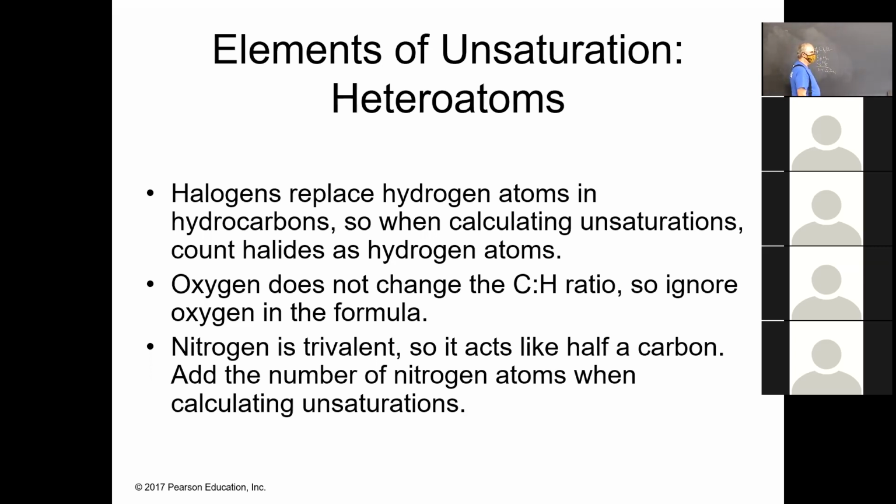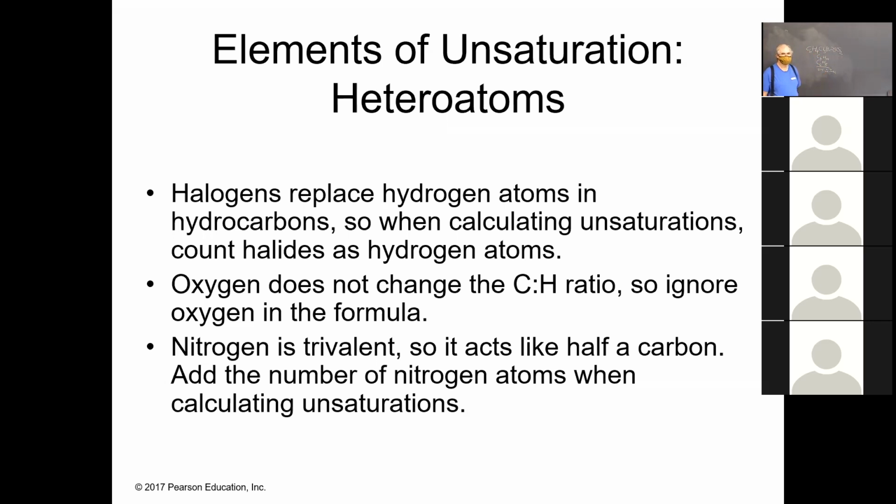The next bullet point, oxygen does not change the CH ratio. So if I had oxygen and I had sulfur, we could just completely ignore those. That's not going to change the CH ratio.